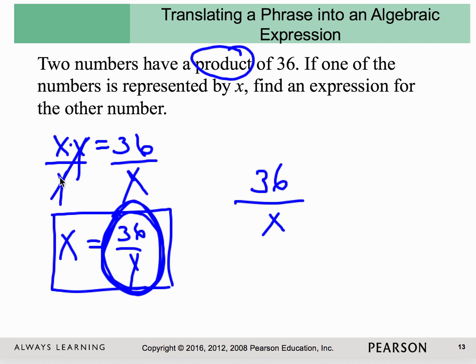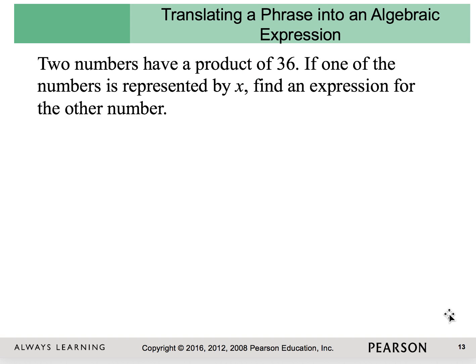I want it to cross out the x, not the y. We wanted to cross out the x because we want the other number. One of them is x. What's the other one? 36 over x. I hope that wasn't too confusing. Let's look at another, because I might have just messed you up on that. Sorry, guys.